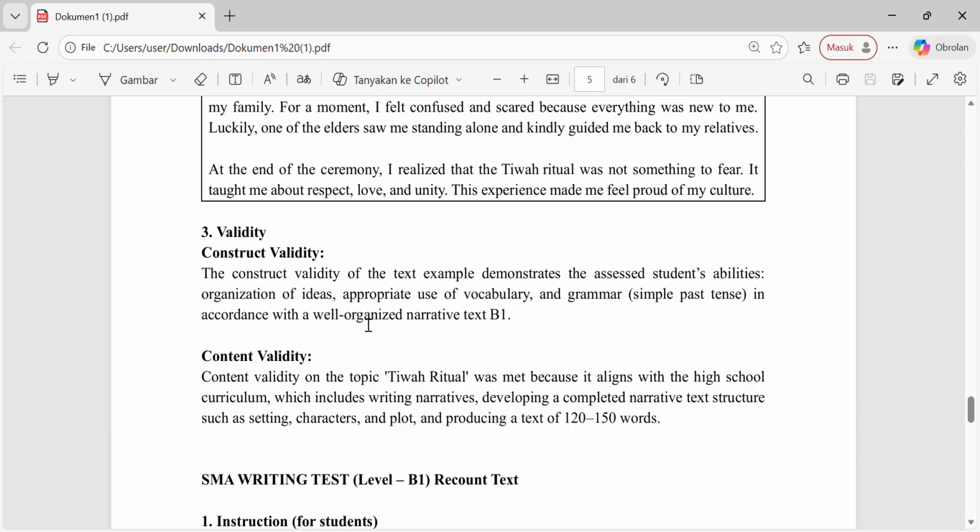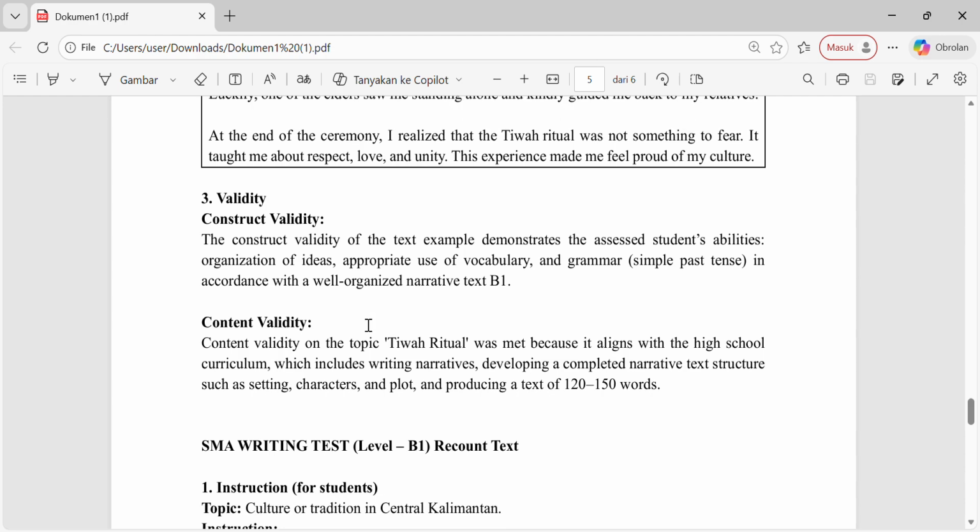Number one, construct validity. The construct validity of the text example demonstrates the assessment of student abilities: organization of ideas, appropriate use of vocabulary and grammar, and use of the simple past tense in accordance with a well-organized B1 narrative text.